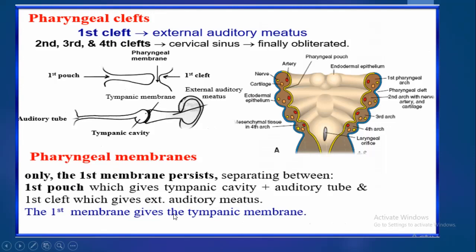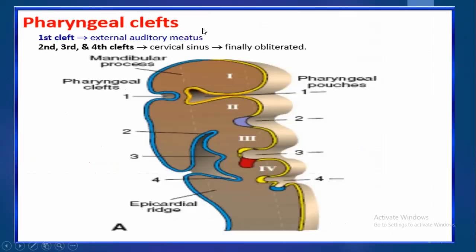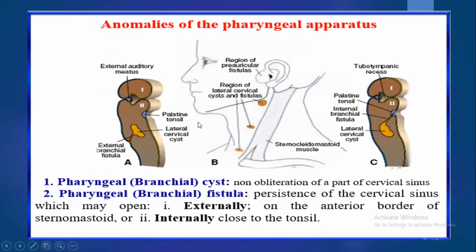Pharyngeal membrane: only the first membrane persists, separating the first pouch, which gives the tympanic cavity plus auditory tube, and the first cleft, which gives the external auditory meatus. The first membrane gives the tympanic membrane. This is the first cleft, external auditory meatus. The second, third, and fourth give the cervical sinus, and finally this is obliterated. And this is an anomaly, that's very important. Branchial cyst: non-obliteration of part of the cervical sinus.